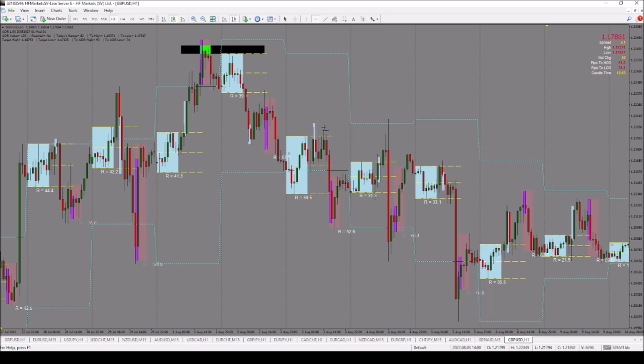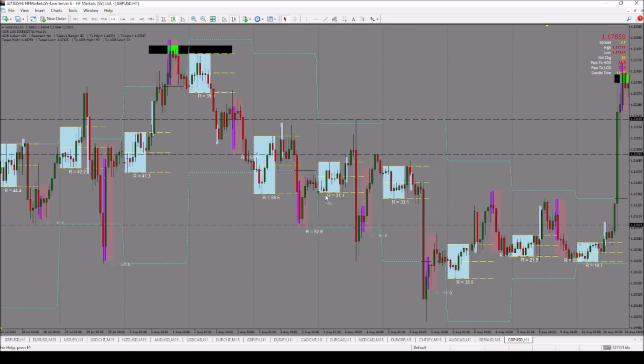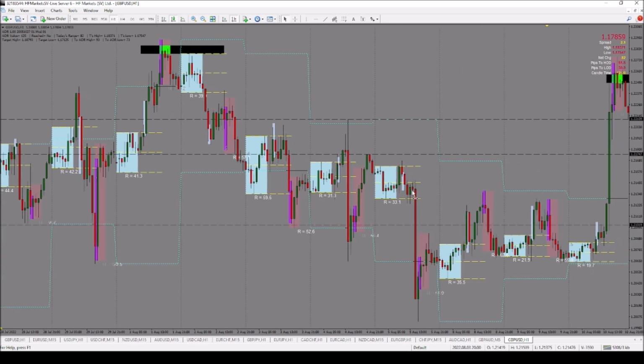This is H1, mind you. After the candlestick retest, rejection, and confirmation candle, your entry was going to be here, and your stop loss above the high, and your take profit should always be double your risk. So you were going to enter here, put your stop loss above, and your take profit at double your risk, and this was a good trade.